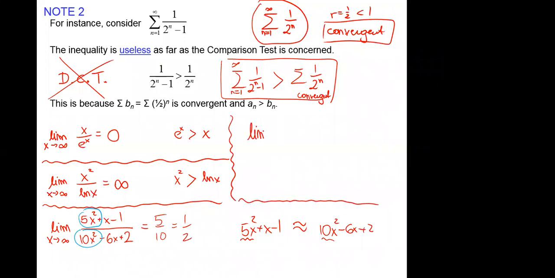We will try to compute a limit at infinity, like I did, and we will take the original formula and divide by the new formula. My new formula that I figured out to compare with is b sub n, and my original one is a sub n.